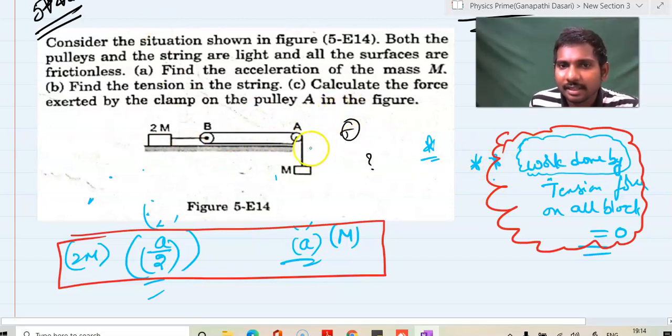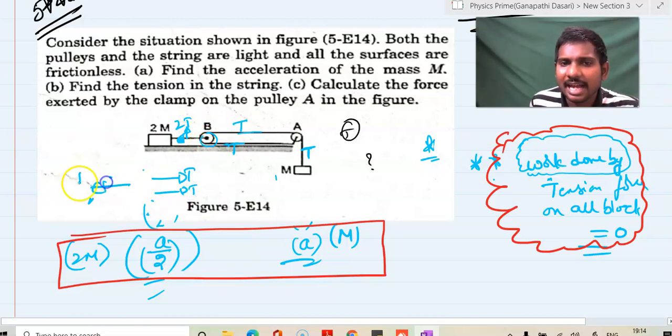So here, if I consider a tension T, this string is a connected string, so tension will be T, and this is the same string, so there will be tension T. If this is T and this is T, the tension here will become 2T. We have learned this from the previous questions. The net force on the pulley should be 0. There will be T and T in the right side direction, and T dash in this direction. T dash should be equal to 2T, so that the net force on the pulley becomes 0.